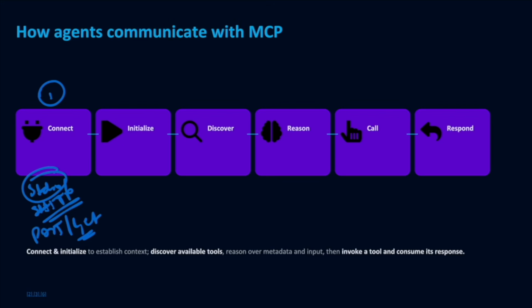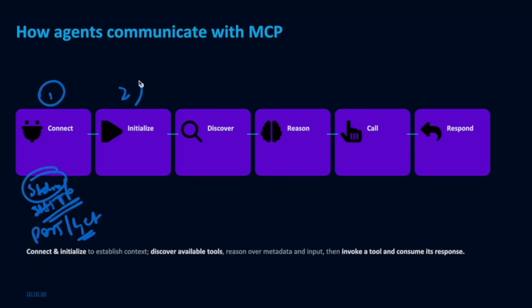In terms of APIs, an API is like a contract between microservices, defining how they communicate with each other. Similarly, MCP is like a contract between agents, defining how one agent communicates to another. So, understood: the first thing is the connect phase, where the host connects to an MCP server.